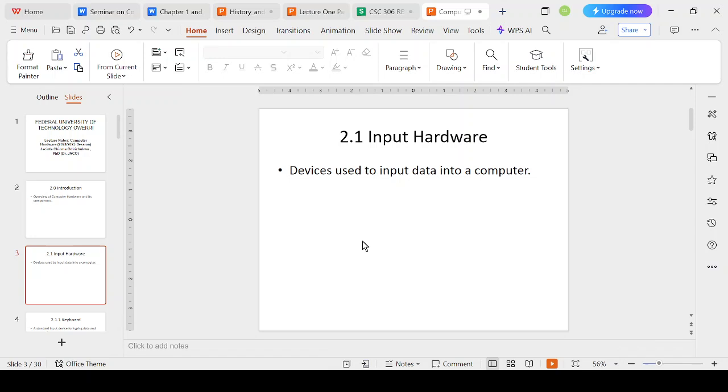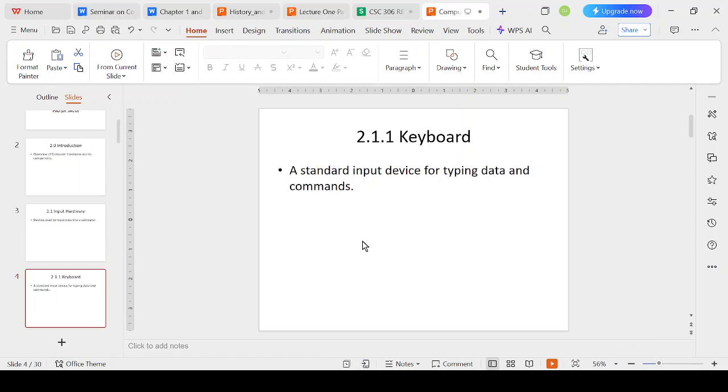It is used to input data into the computer system. And the basic input device we all know is the keyboard. The keyboard is used for typing. You key in data, type, or perform operations using a combination of keys.